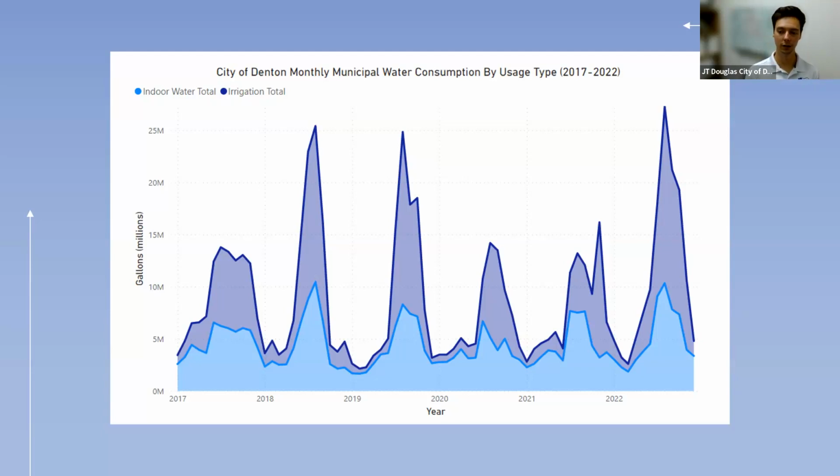We see the 2020 and 2021 numbers are a little bit lower, right? So we can make some assumptions there. What was different about our COVID-19 operations? We still had all of those outdoor spaces that were staying green, getting irrigated. Folks were still outside using those spaces.